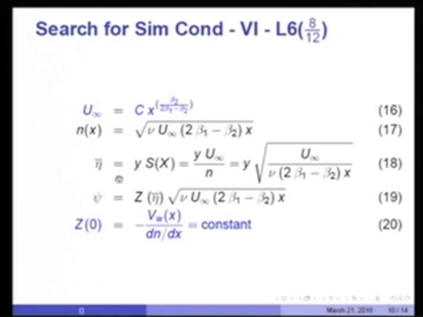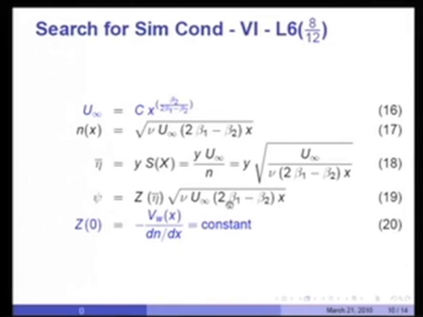Eta, you will recall, was defined as y over n of x, which was shown as y u infinity over n, and if I substitute for n here, then you will see y under root u infinity over. Then similarly, psi, which was z of eta bar into n of x, would read like that, and z 0 v w over x dn by dx equal to constant.